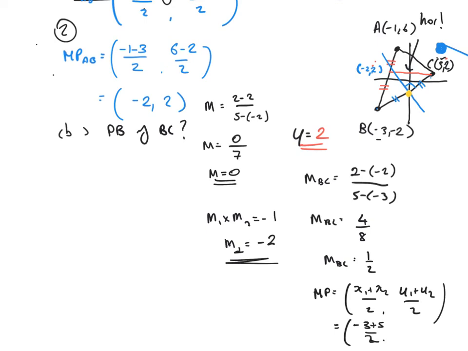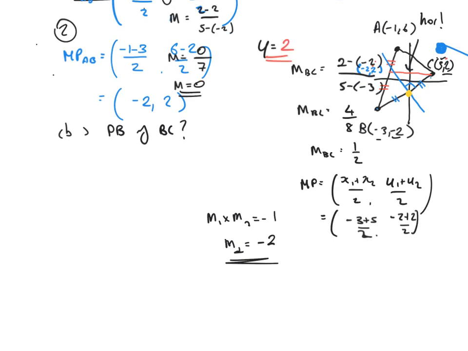And for the y coordinates, it's going to be -2 plus 2 over 2. Okay, so -3 plus 5 is 2, 2 over 2 is 1, -2 plus 2 is 0, 0 over 2 is 0. So the midpoint then is 1, 0.